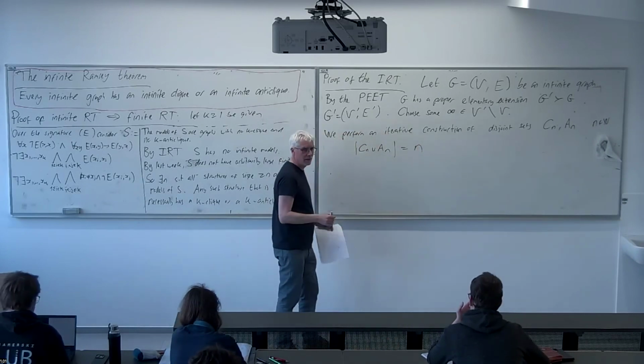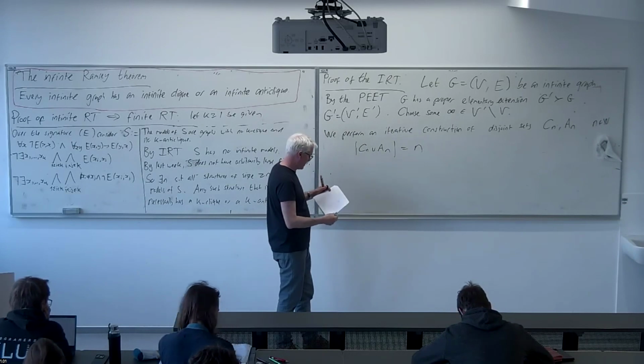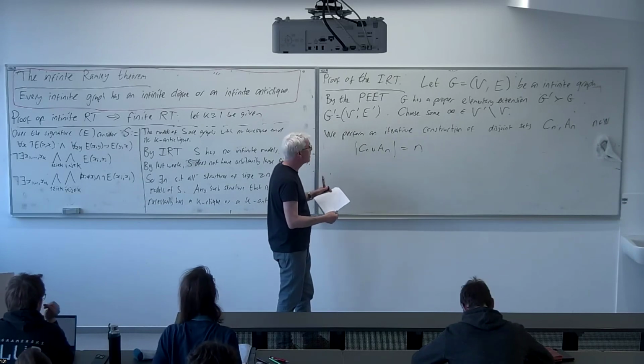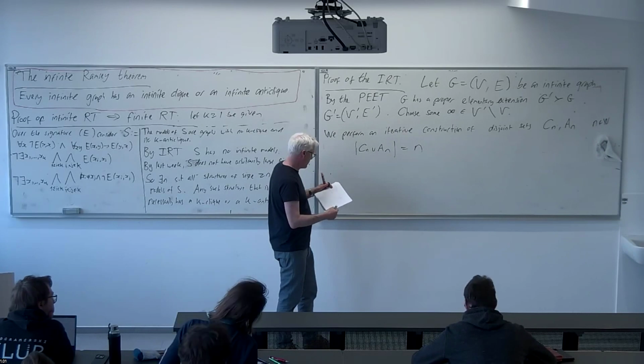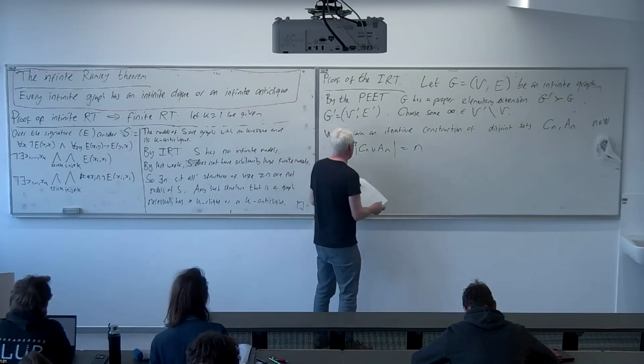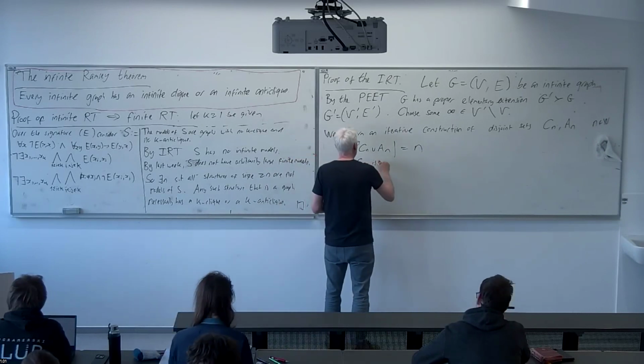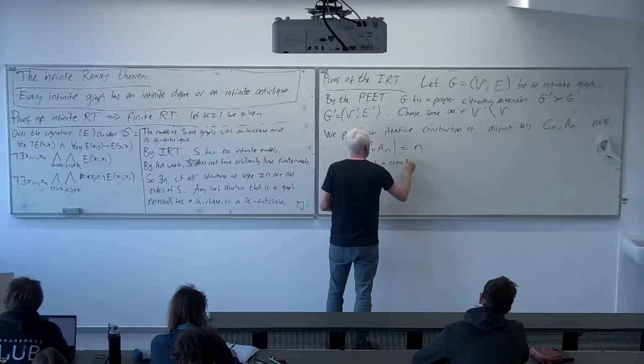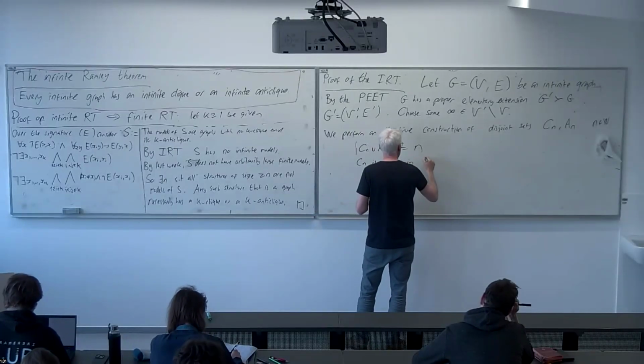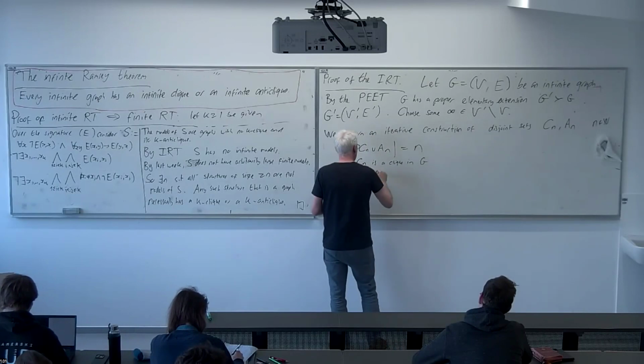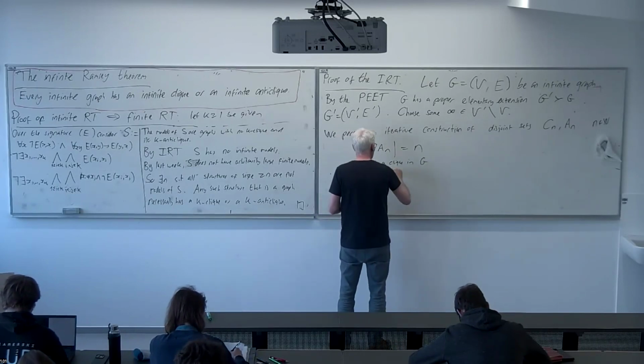So each time we're going to add exactly one element. Cn is a clique in G. An is an anti-clique.